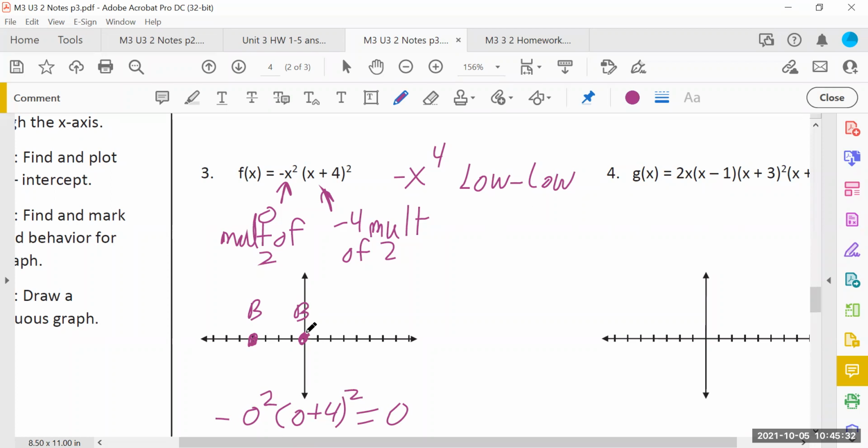So now, got to start low and low, come up, bounce off, come up, bounce off, and down. There's my graph. I do not expect you to be that fast at the beginning. You don't ever have to get that fast, but you have to be able to find those pieces, and hopefully you start to get a little faster as we go.